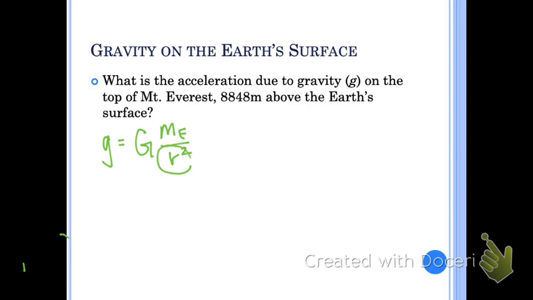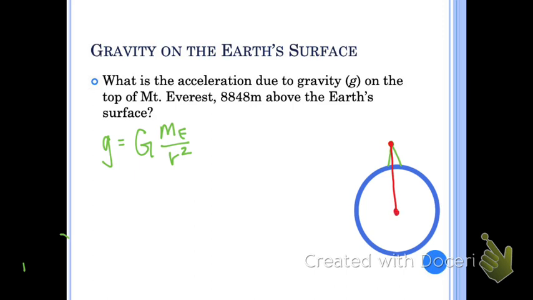We have to remember this R value is the distance from the center of the planet all the way to my object. So if I draw the Earth, here's Mount Everest, right? Here's where we want to find the acceleration due to gravity. So the radius that has to get plugged into our equation has to be from the top of Mount Everest to the center of the Earth. That has to be that total distance.